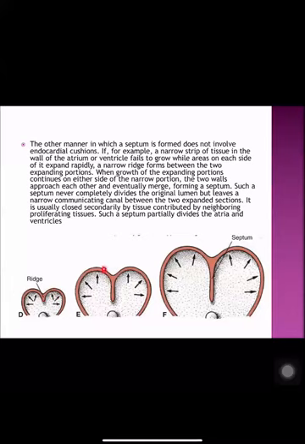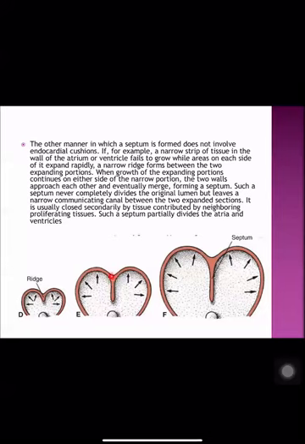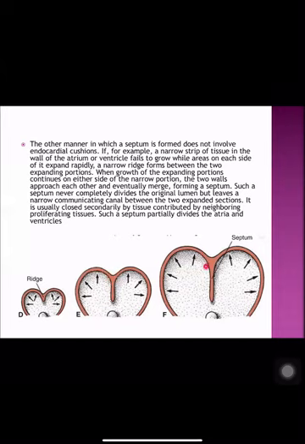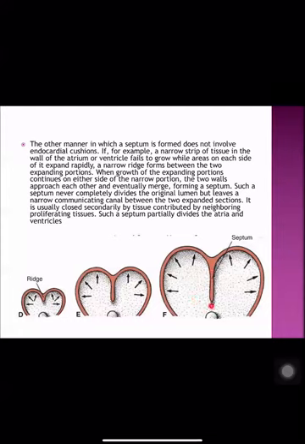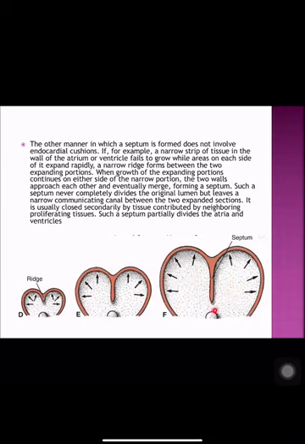Now, this will lead to the formation of a ridge, with the two walls opposing each other, merging in the midline, leading to the formation of the septum. Now, this septum will never form a complete partition between the two chambers, and it will leave just a small opening that will be later on closed by the proliferation of tissue from the neighboring area.